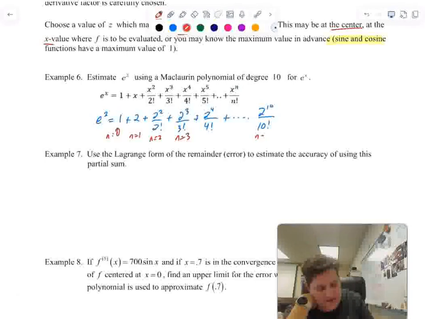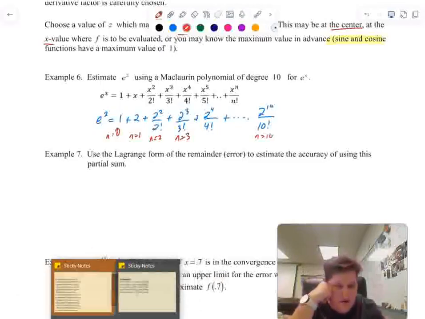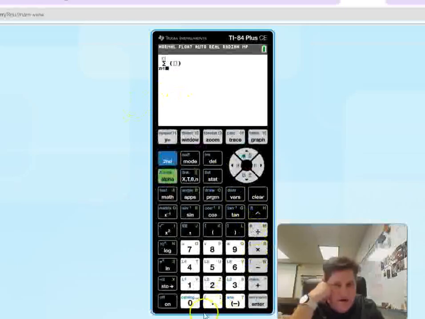So I'm starting at 0 and going up to 10. I just wanted to check if I was starting at 0 or 1. So I'm starting at 0, I am going up to 10, and I'm going to make a fraction by going alpha y equals fraction.